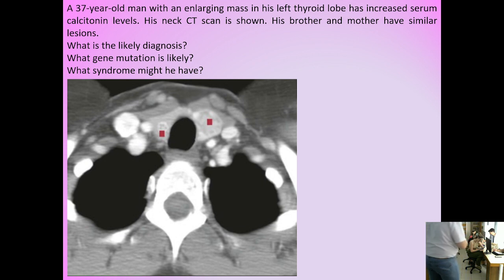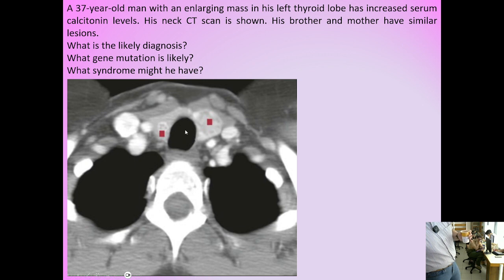The calcitonin levels are increased. So when we have a swelling here and we think that something is wrong with the thyroid, we ask for thyroxine, this is T4, triiodothyronine, this is T3, TSH, and calcitonin. These are the hormones.